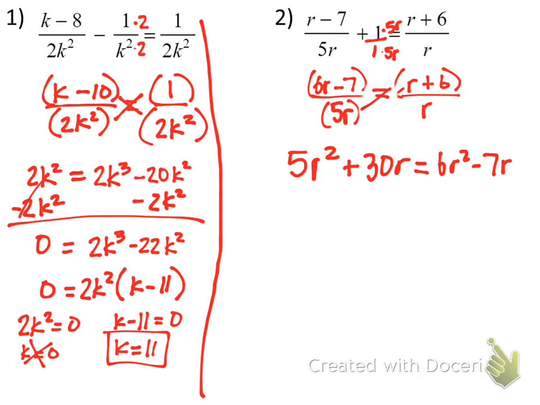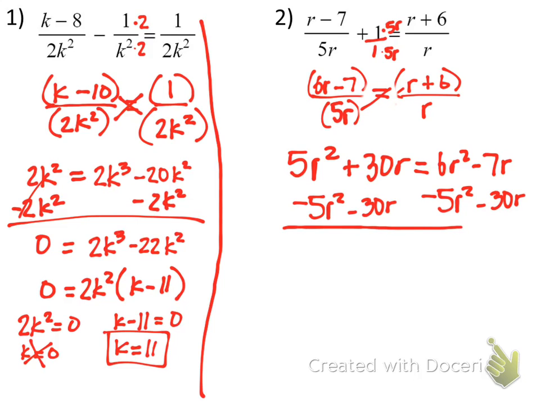Now I combine like terms. So I'm going to subtract 5r squared minus 30r on both sides. Does it still work? Yes? So this cancels out, so we get 0 is equal to r squared minus 37r.